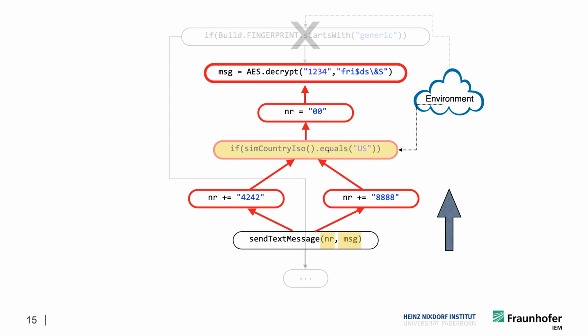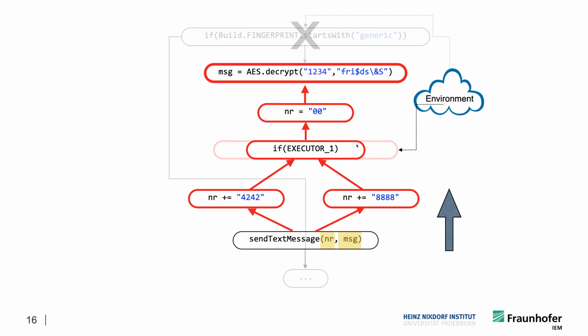But now we still have the second check down here. Like I told you before, ideally we would be able to extract both of these values, but of course, depending on the dynamic execution environment, the SIM country ISO can only be set to one of two values. It can be US or it cannot be US. But ideally we want both.